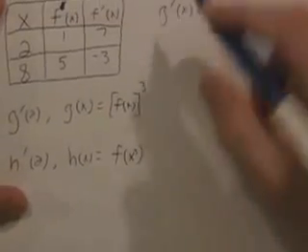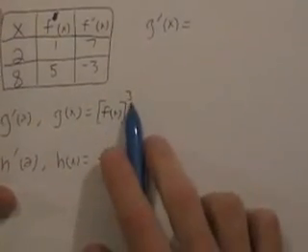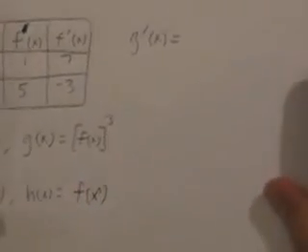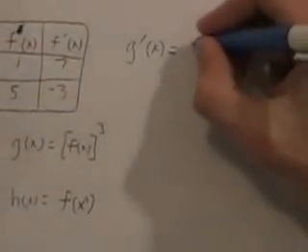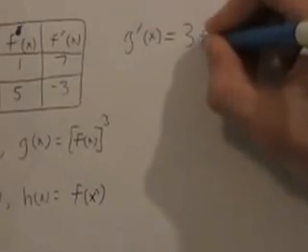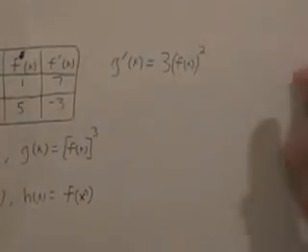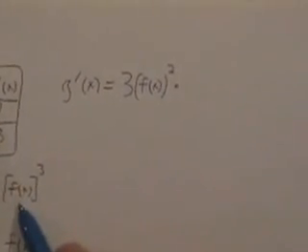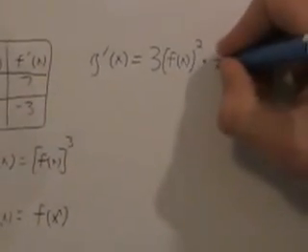The outside function is the cubing function, and the inside function is f. So g prime is going to be 3 times f of x quantity squared, that's the derivative of the outside, multiplied by the derivative of the inside, which is just f prime of x.